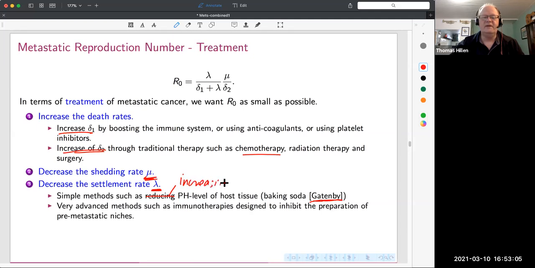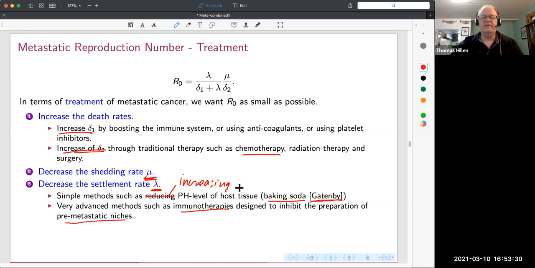Increasing means more basic. For example, giving the patient baking soda, and this could prevent or reduce formation of metastasis. But of course, no pharmacy company can make money by selling baking soda, so they want to do complicated therapies like immunotherapies or other things to prevent premetastatic niches.